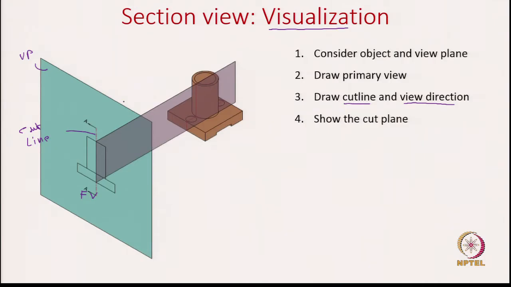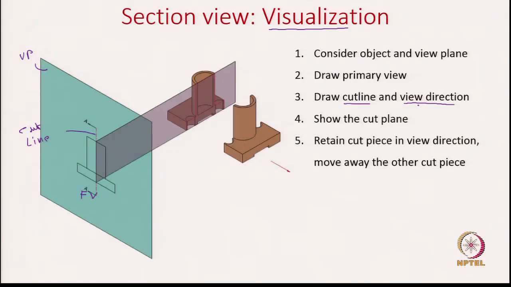When we look at the view direction, it tells you which piece to retain and which to remove. In this case, since the arrow is pointing to the left, we retain the left piece where it is, and the right piece we move away from the location. So, we move the unnecessary piece a little away.